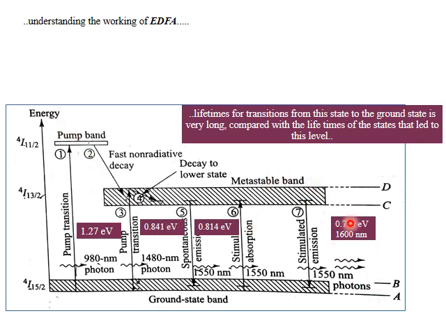AB will indicate the lower and upper ends of the ground state band. CD will indicate respectively the lower and upper surfaces of the metastable band. Okay, so this is what you can explain about the energy band diagram of the EDFA.